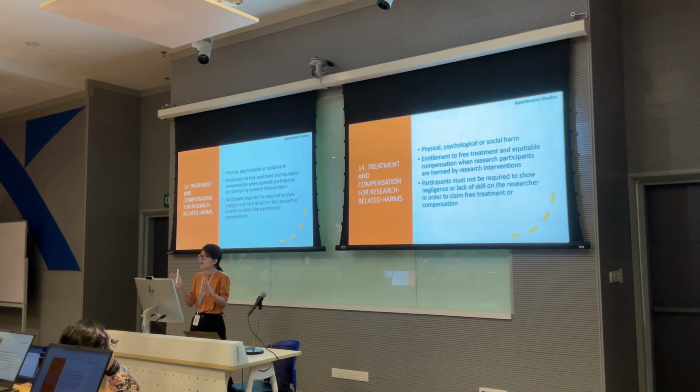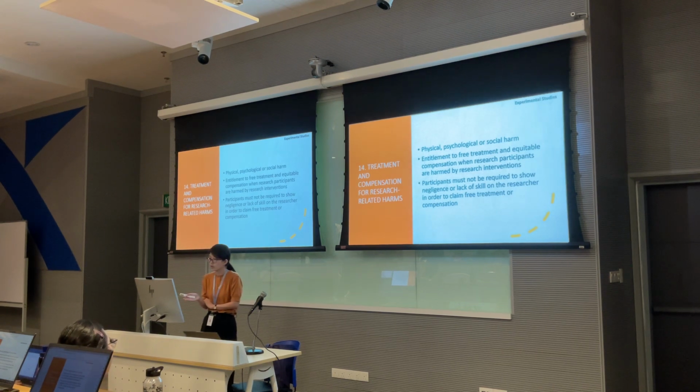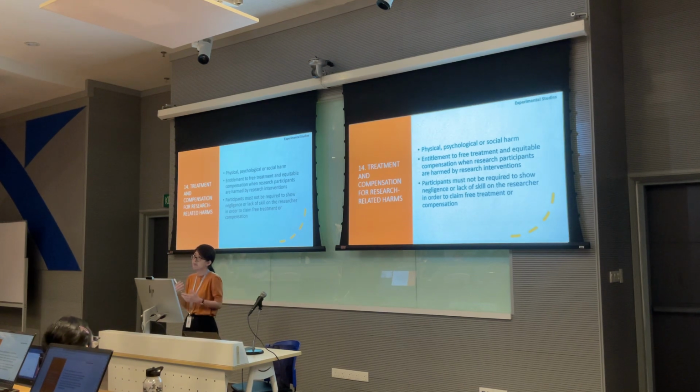No matter what kind of harm, physical, psychological or social, they are entitled to request compensation, and participants must not be required to show any neglect or lack of skill on the part of the researcher in order to claim free treatment or compensation. Whenever you have created some harm to them, they have the right to request compensation.